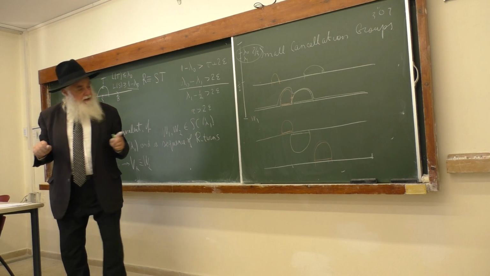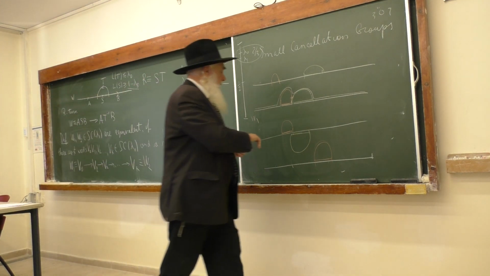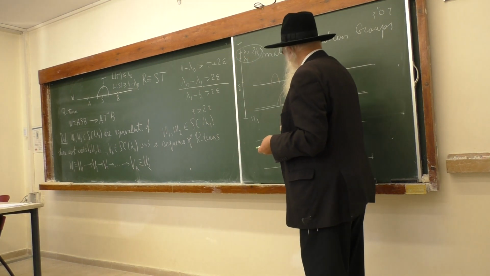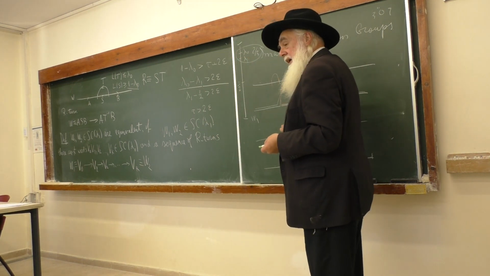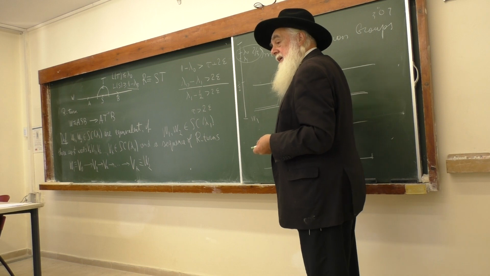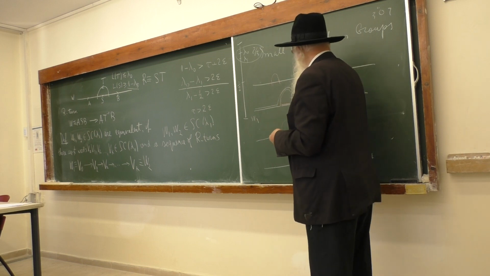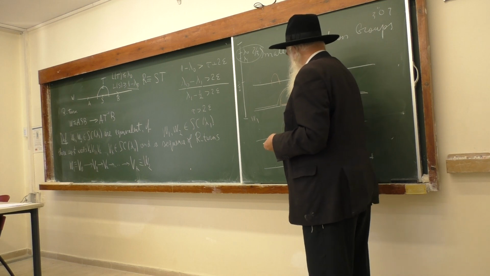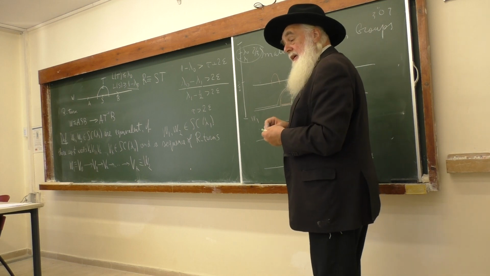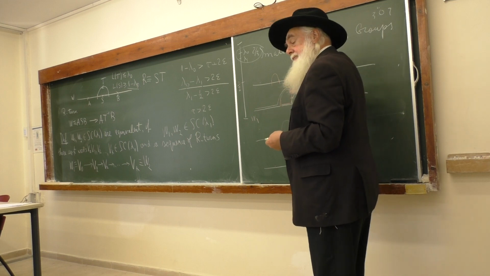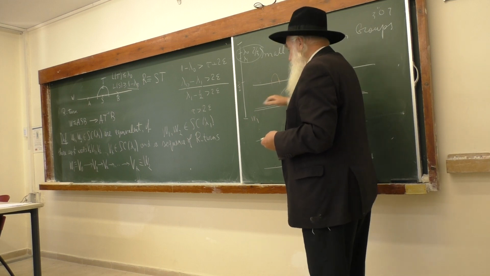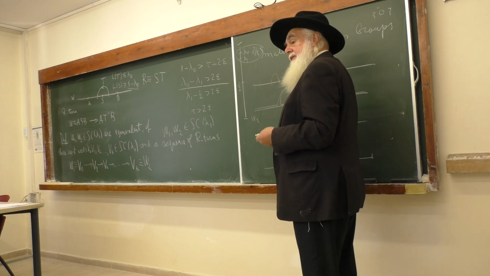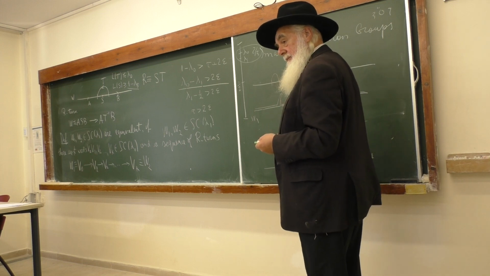Okay. But actually we have here two types of how these cells might behave. They may just have a common part, or they may switch the side. So the result may be on one side of W1, or it may switch the sides if we have this type of intersection.